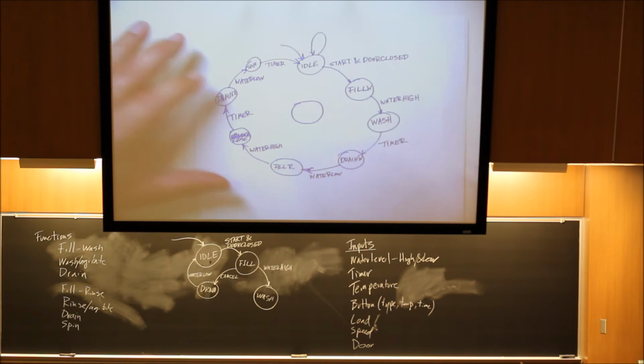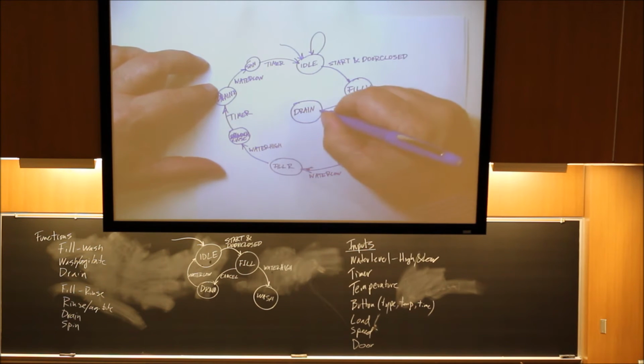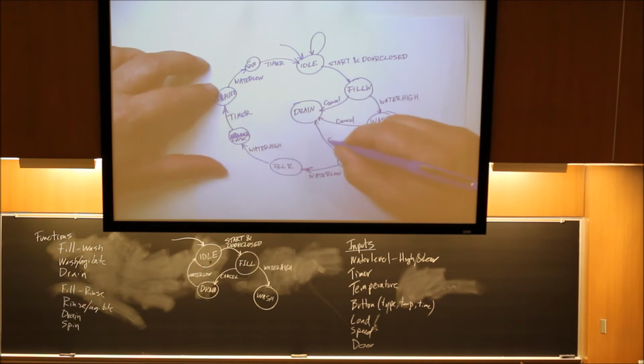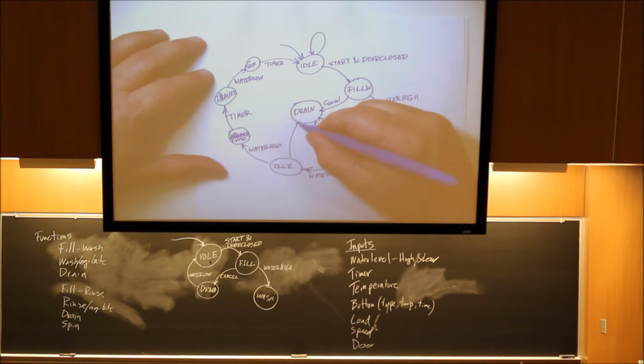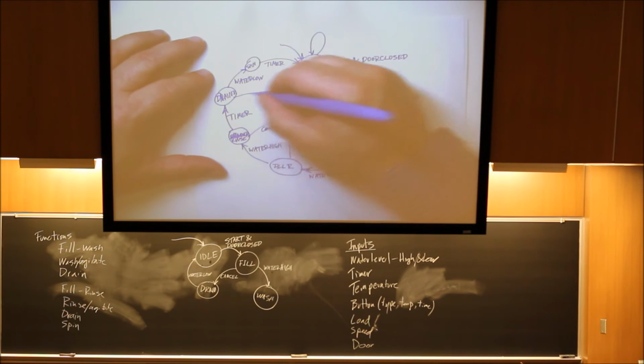Now, even though this is, we'll put this in the middle. Oh yeah, you have to give the opportunity that whenever cancel is pressed, no matter what state you're in, you will end.